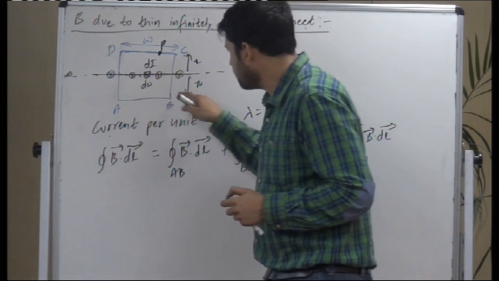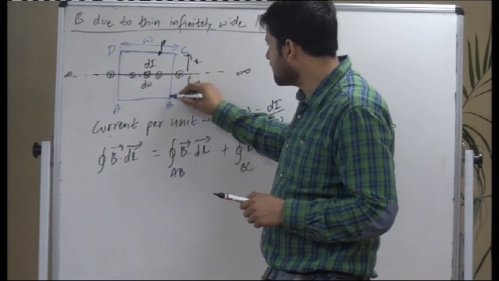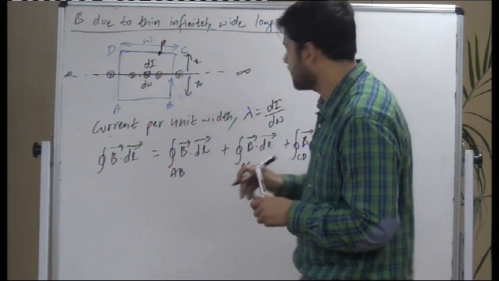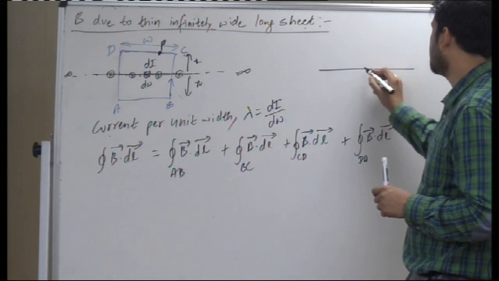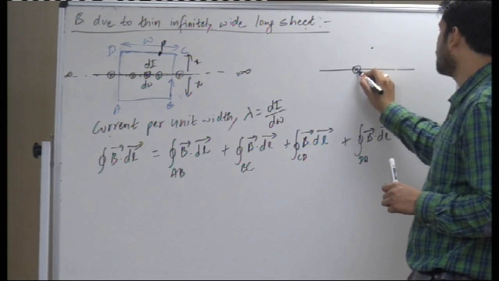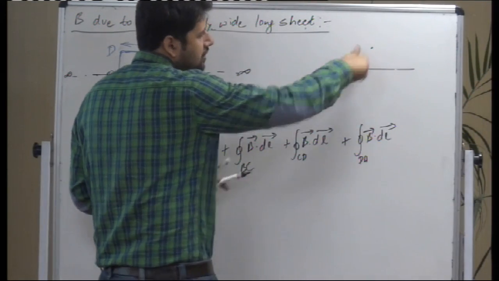For BC, the direction of traveling is like this. Let's think about what happens. Now this sheet is here. Let's say this portion is there, the field produced by this portion would be somewhere like this.